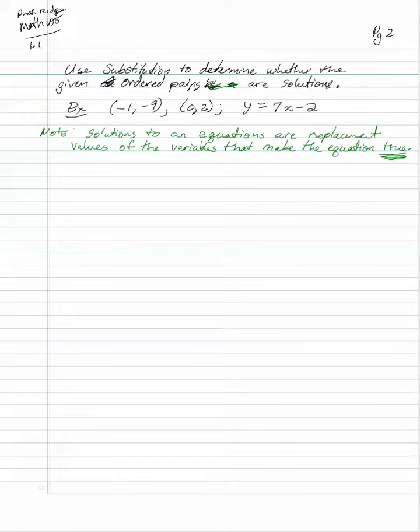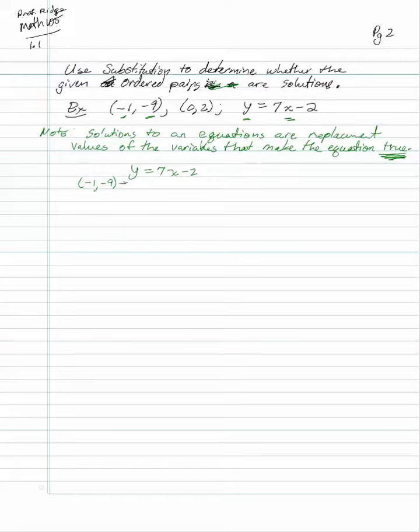So basically we're asking if we plug in (negative 1, negative 9) for x, y, because remember it's an ordered pair, is it a true statement? We're going to try y = 7x − 2. We plug in negative 1 for x, negative 9 for y.